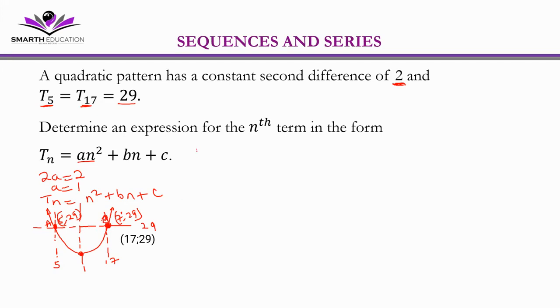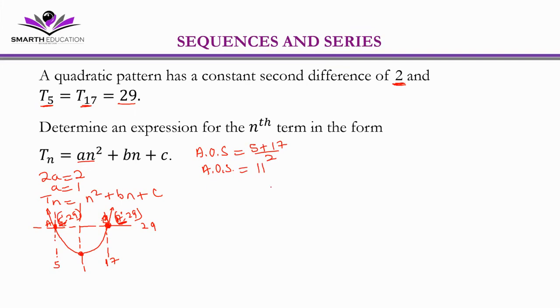We can say the axis of symmetry is equal to 5 plus 17 divided by 2, using the midpoint formula and the x coordinates. This is 17, not 7. So 5 plus 17 divided by 2, so the axis of symmetry is equal to 11.